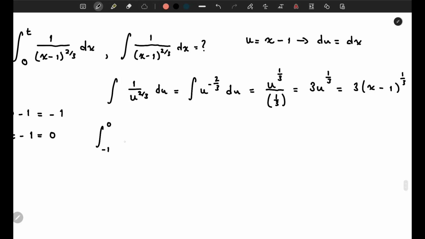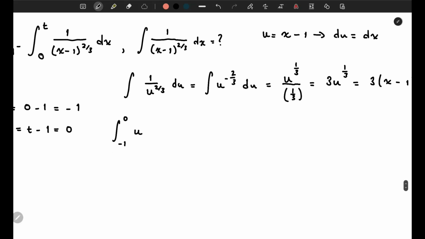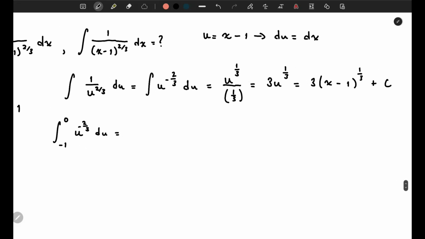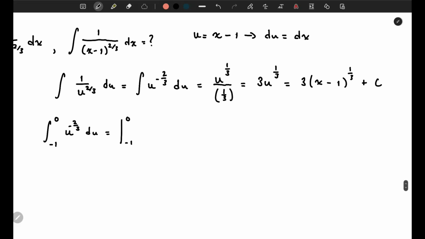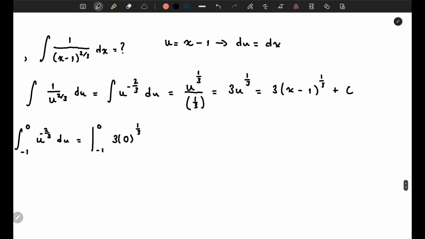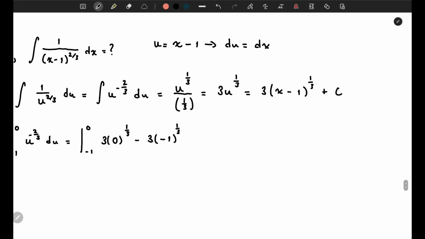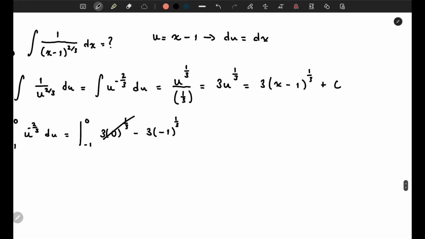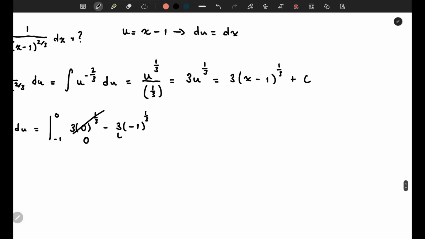So technically it was this, negative 2 over 3, and this would mean that we would have u as 0 would be 3 times 0 to the power of 1 over 3, subtracted by 3 times negative 1 to the power of 1 over 3.